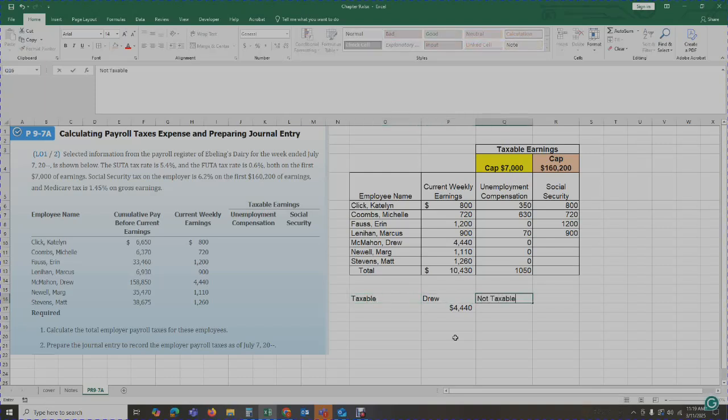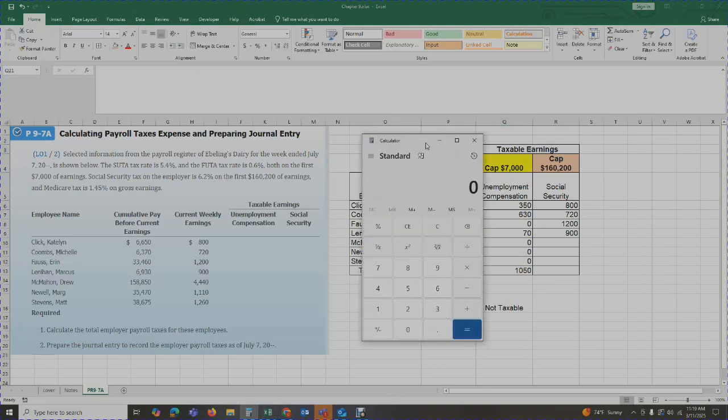This is Drew's weekly pay. So this is how much Drew earned this week. Let's illustrate so that you can see what it is that we're doing. So Drew earned $4,440.